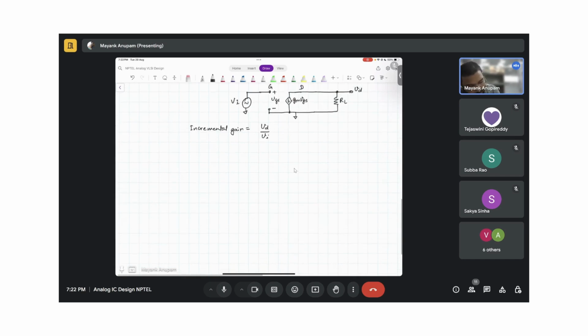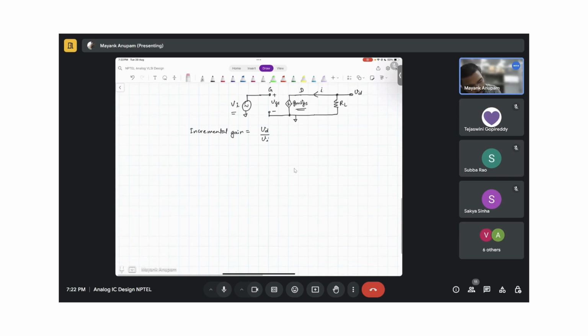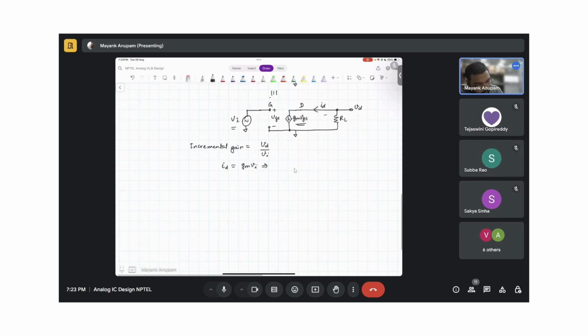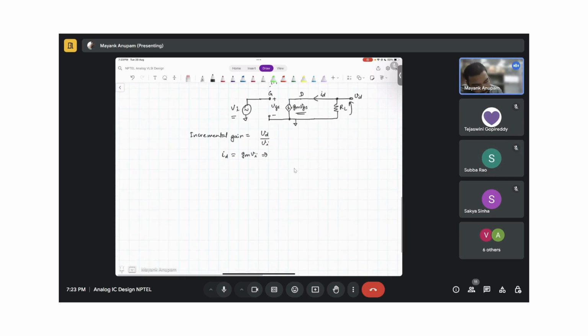So how do I find it out? Because of this Vi, what is going to be the current here? This current is going to be small id only. Small id here is going to be Gm into Vi, right? And because of that, where is this current going to flow? In this direction, right? So what is Vd in that case?